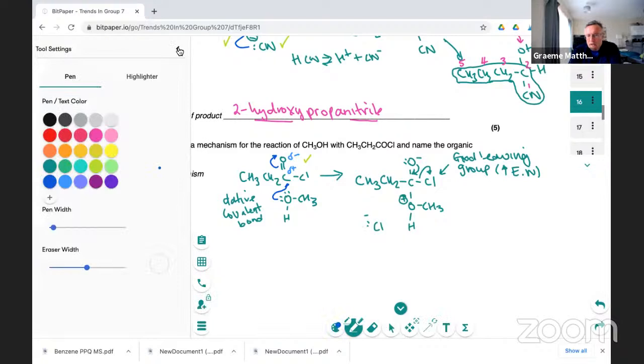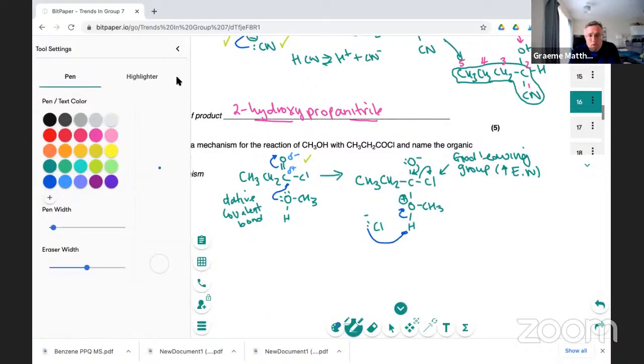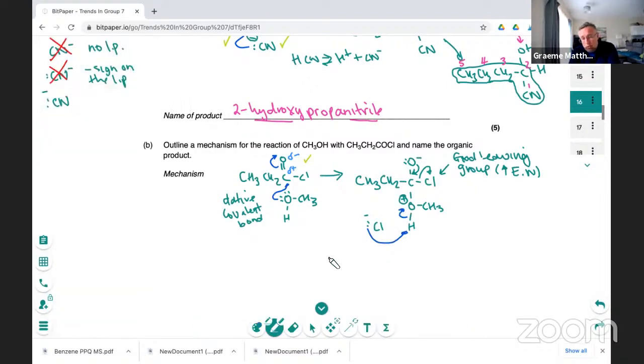This one is then going to attack the hydrogen, and then this falls back down. So you end up getting this right back into, I would call this teal green, this. So what we've done is we formed the ester.